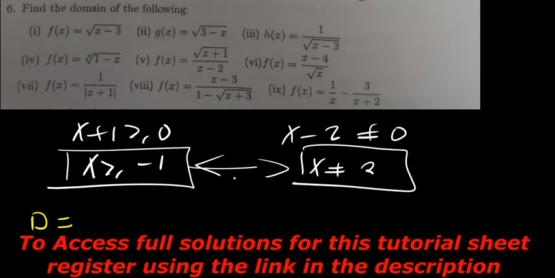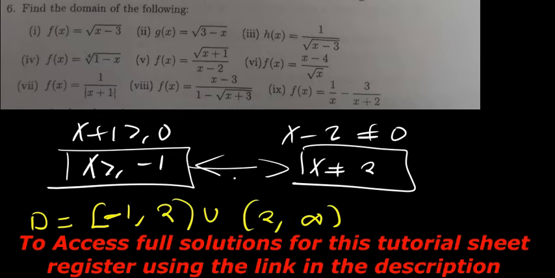But as you are going to positive infinity, excluding positive 2 only, it tells me that I can start from negative 1, which is included, all the way to 2, but 2 should not be part of it. Union, again, 2 should not be part of it, to positive infinity. So negative 1 is included all the way to 2, but 2 should never be included because x should never be equal to 2. Union, starting from 2 all the way to positive infinity.